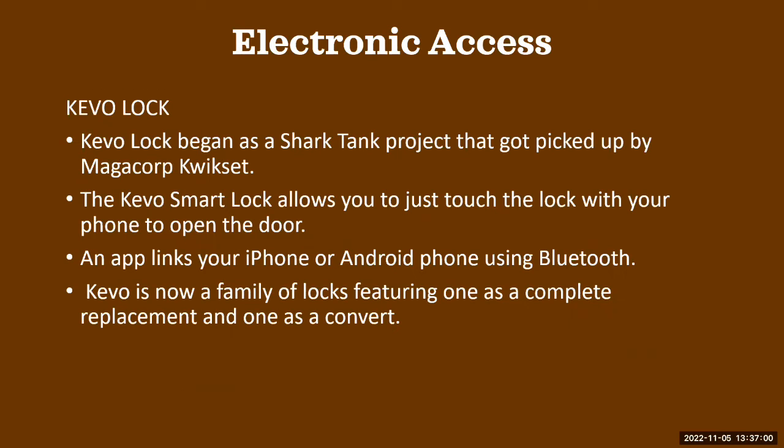Kevo is another brand, and it began as a Kickstarter project that got picked up by mega-corporation Kwikset. The Kevo Smart Lock allows you to just touch the lock with your phone to open the door. An app links your iPhone or Android phone using Bluetooth. Kevo is now a family of locks, using one as a complete replacement or one as a convert.